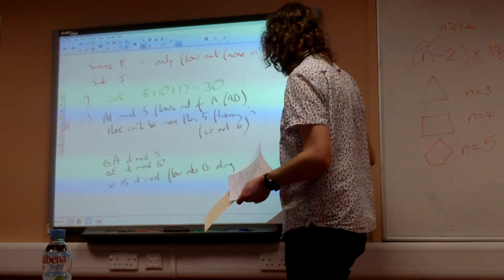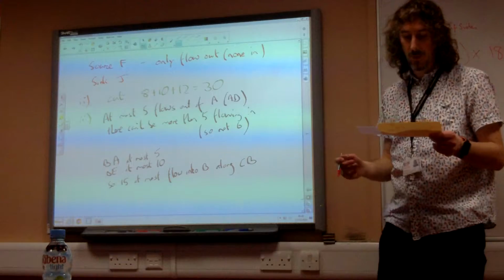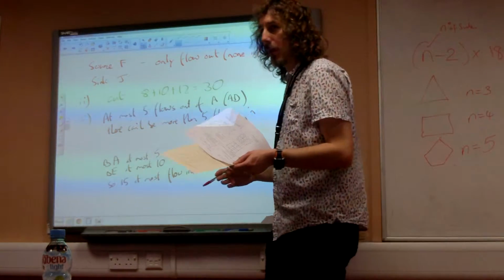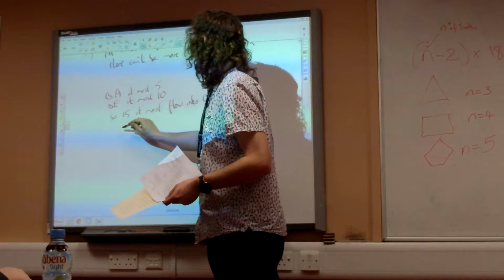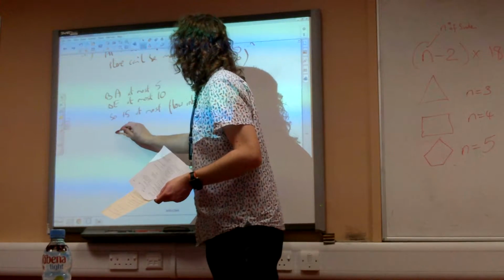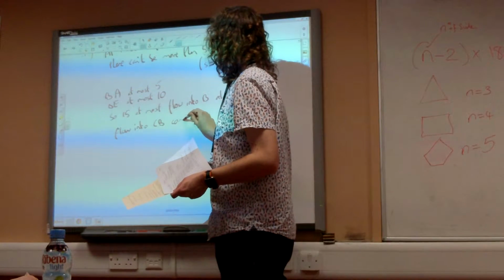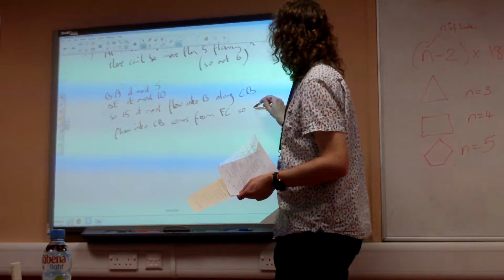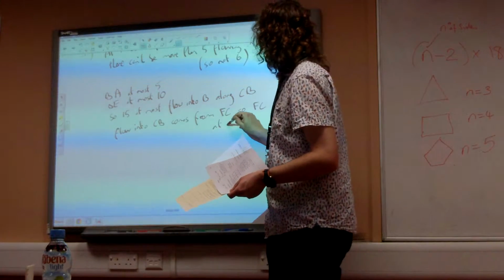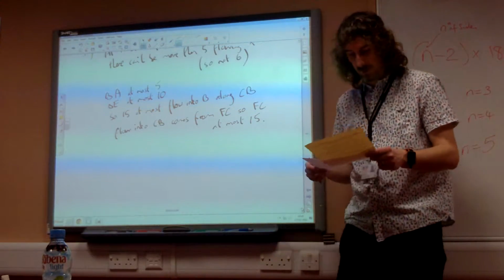Yeah, along CB. And if at most 15 flow along CB, that flow must have come along FC. It comes from FC, so FC is at most 15. And there we go, that's that bit, and so it's quite nice.